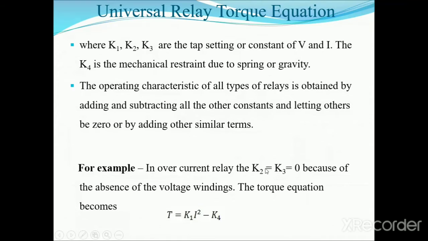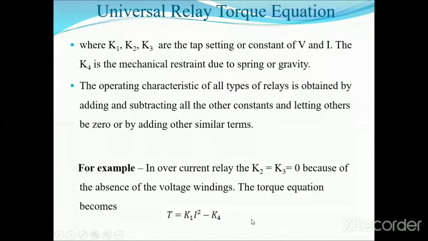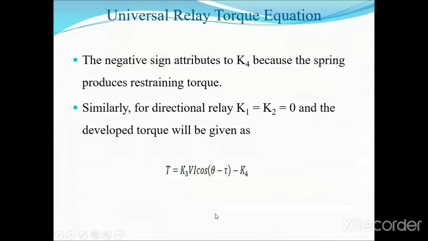By substituting K2, K3 equal to 0 in the universal relay torque equation, we obtain K1 I square minus K4. This is the overcurrent relay torque equation.